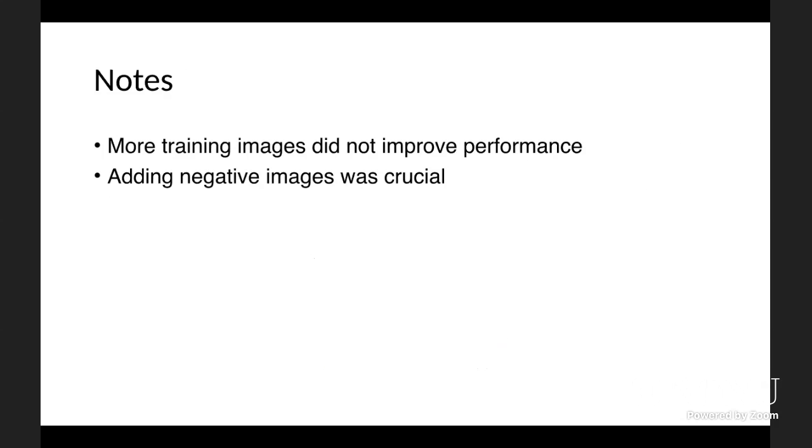A couple of notes: I tried to add more images to my training data, but that didn't improve my performance. The iterations were either not converging, or took too much time, or just didn't work. So 200 images was fine, but anything more than that did not really help me out.